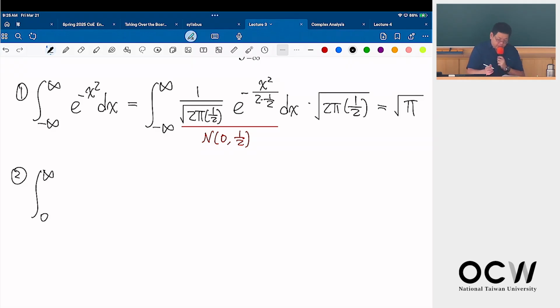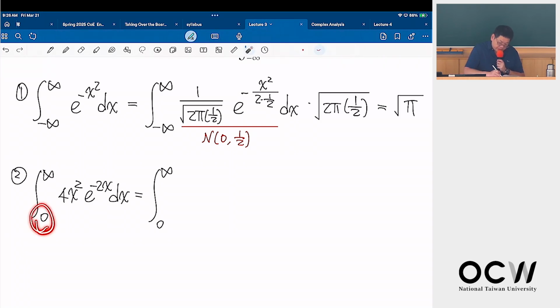The other one, I also do the integration, 4x squared e to the minus 2x dx. Here we can also rearrange that, since we see first it is from 0 to infinity, not minus infinity to infinity. And also I don't have an x squared term in the exponent. My exponent is 2x, so e to the minus 2x.